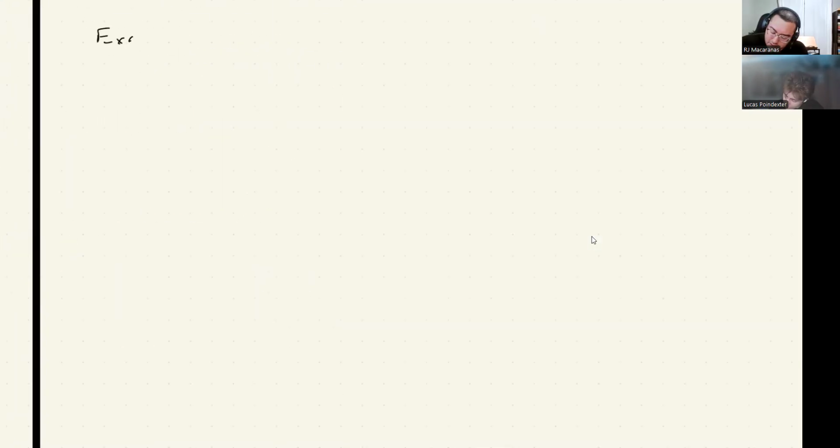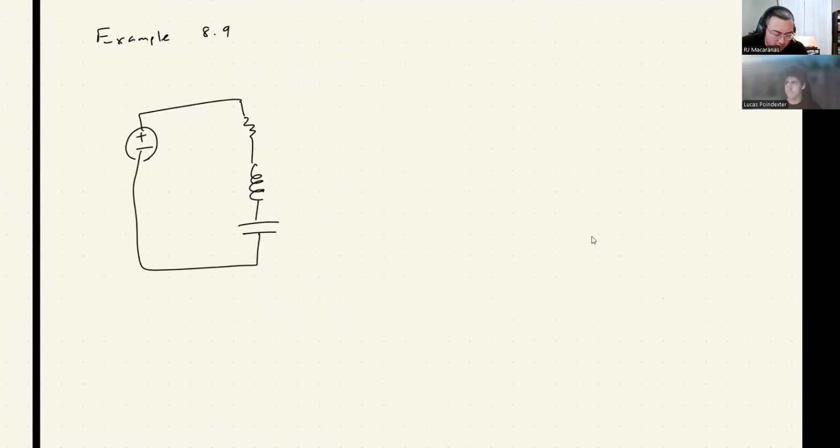This is example 8.9. So they've literally got that kind of circuit that I drew out before with actual values. So this is 25 ohms, this is 20 millihenries, this is 50 microfarad.